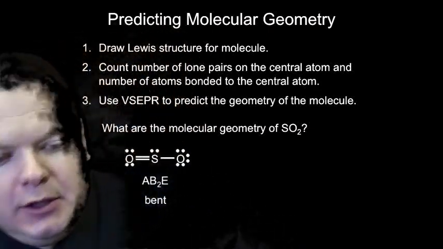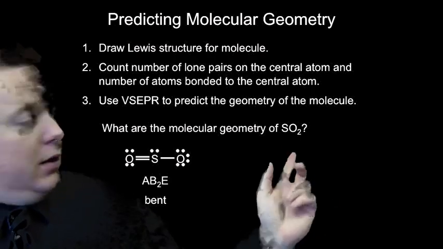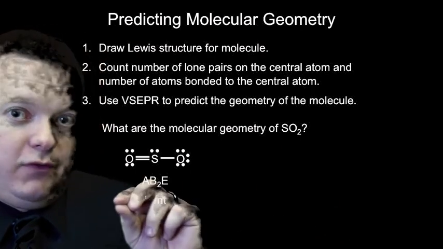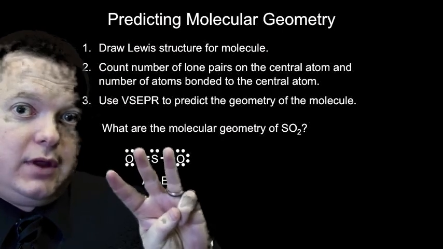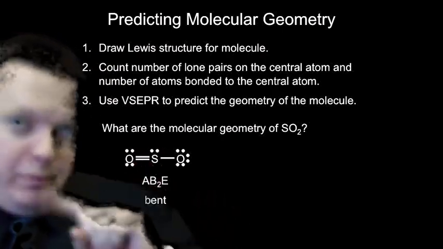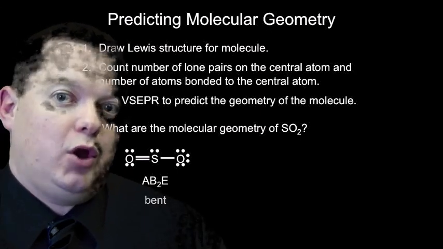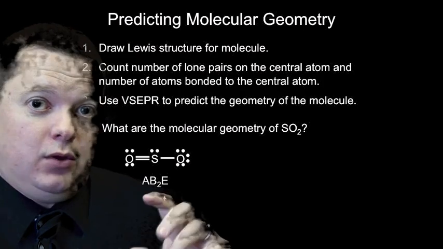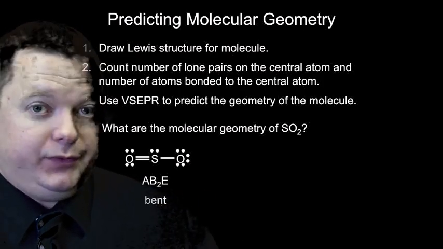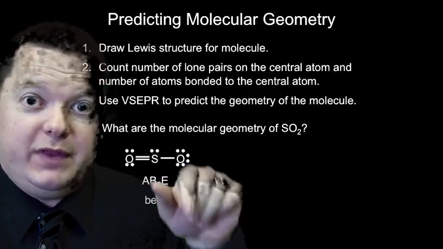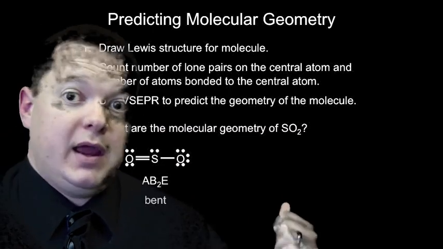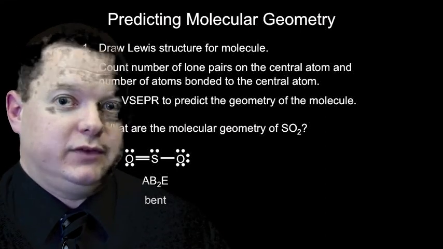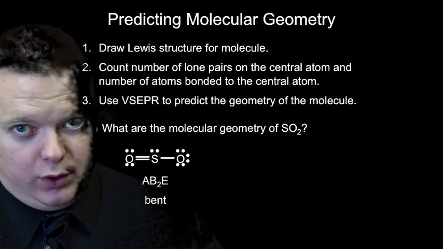So if we look at this molecule here, we have around that central atom, that sulfur, 3 areas where we have electron density. So our base electron geometry is going to be trigonal planar. One of those areas is a lone pair. So from that trigonal planar arrangement, one of those disappears, and we end up with something that is bent. The bond angles here are going to be less than the base, which is 120. So this would have bond angles less than 120 degrees.